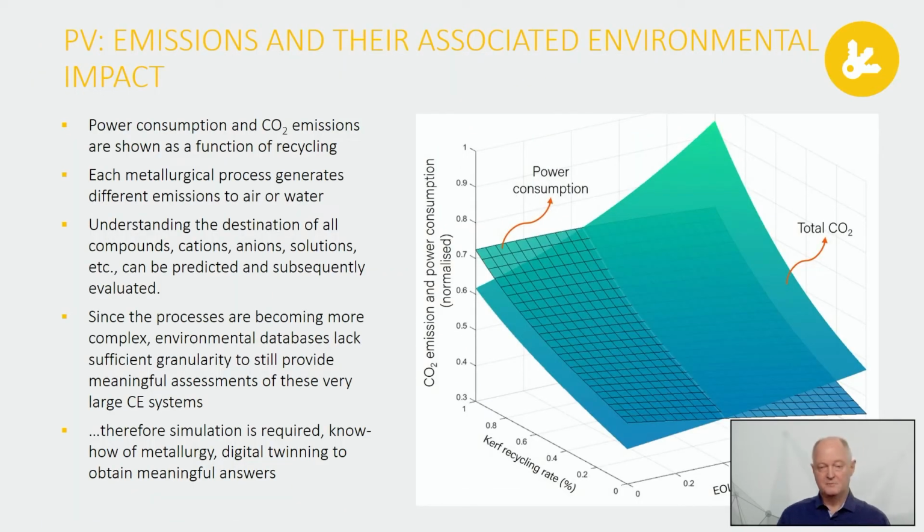What does this permit us then to calculate? You can drill right down to the detail, not only of the carbon footprint, but you can also look at what's the effect of kerf recycling versus end-of-life recycling, and where's the optimum. And that's a key message once again.